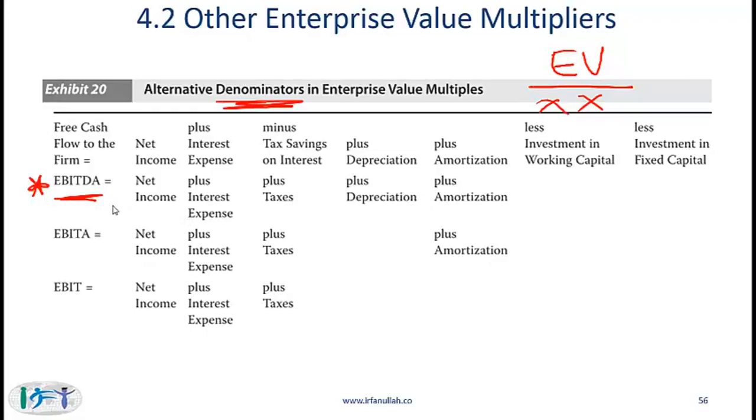The other possibilities are FCFF, which theoretically is appealing, but at times might be complicated to calculate, EBITDA and EBIT. And these are definitions that you know. Just be aware that if you see another denominator, then you should not be frazzled. Other denominators can be used.